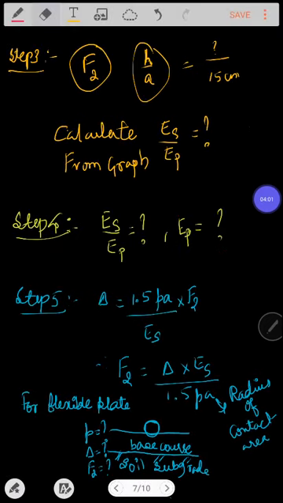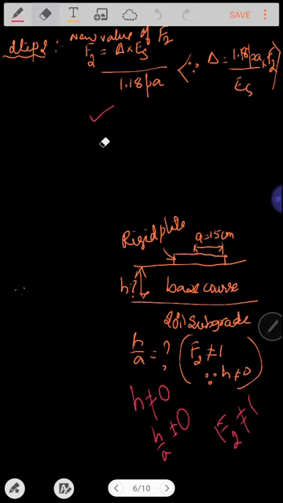And in step number 5, very important, as we have gone through the determination of the value of F2 from the previous steps, this value of F2 was obtained from the plate load test that was conducted over the base course for a definite thickness of this base course of height h.